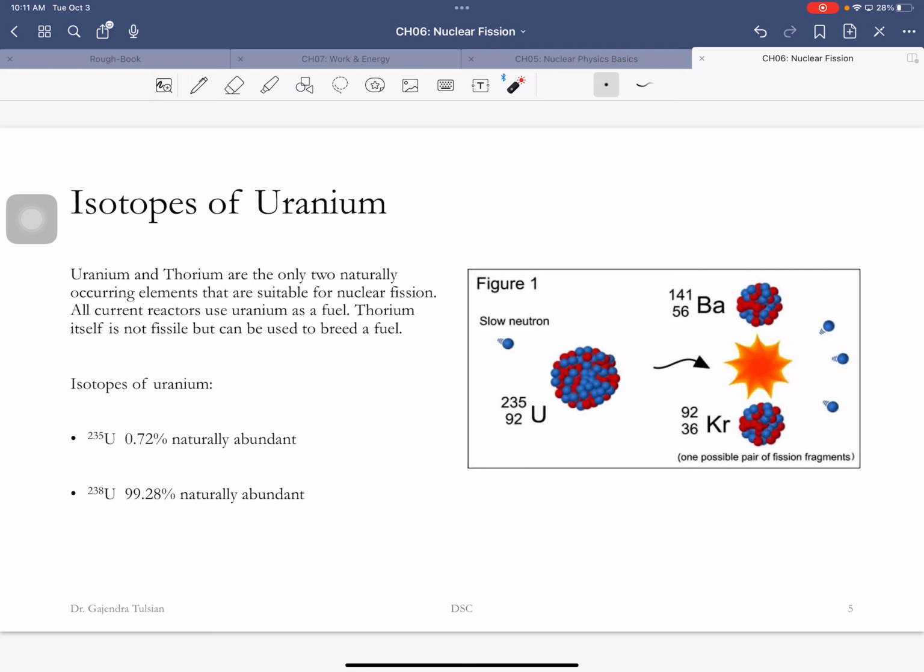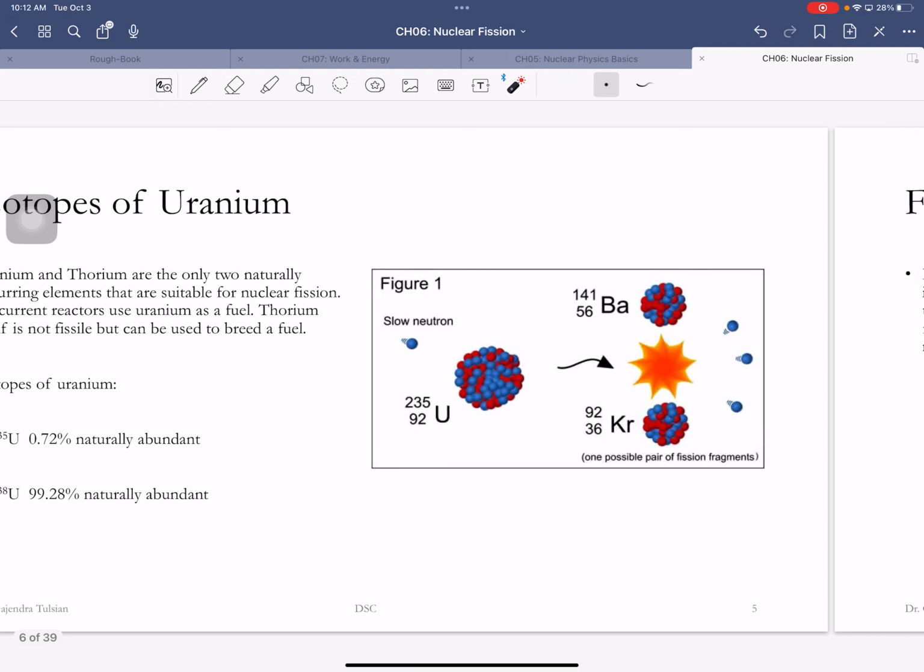The nuclear reactors used in submarines have much higher enriched uranium, because they've got to be smaller. The ones we use are about 3 to 5% enriched. That means the uranium is enriched such that about 5%, let's say, is uranium-235.